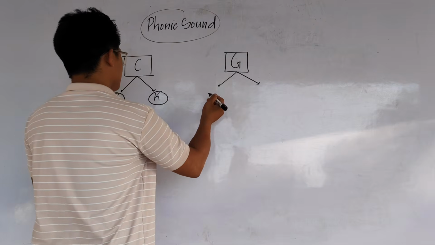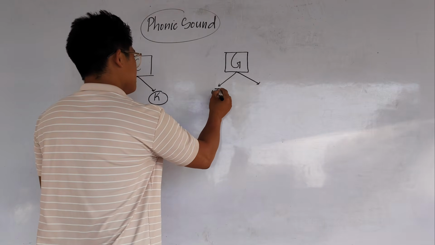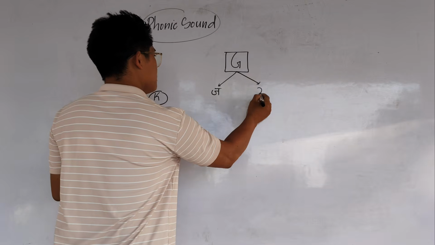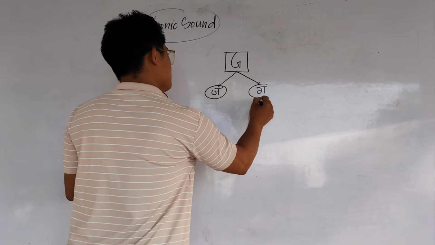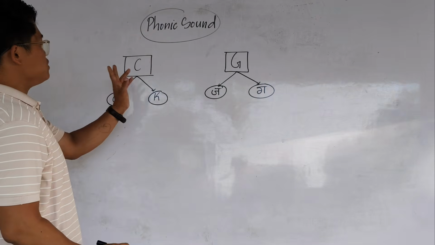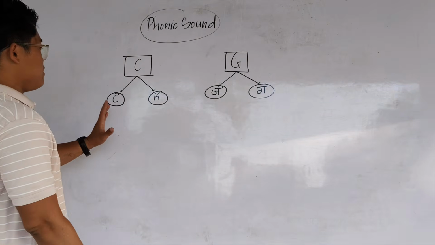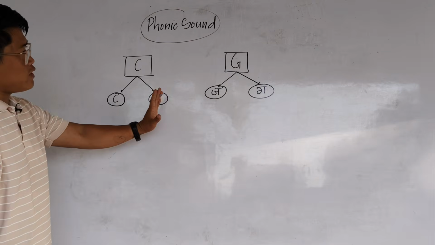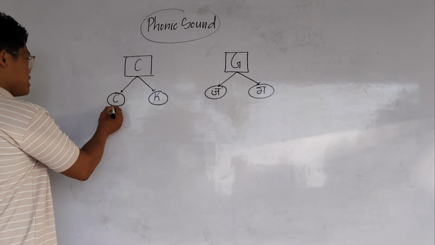Here, let me write in Hindi for your clarification: J and G. So these are the two alphabets having different sounds. Now how do these sounds change? Let me tell you.